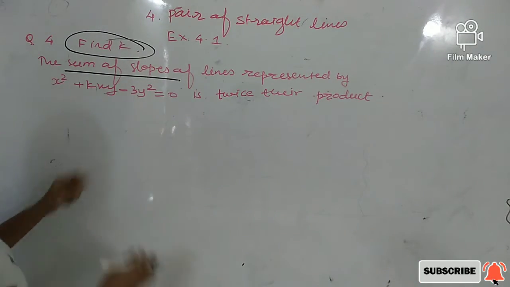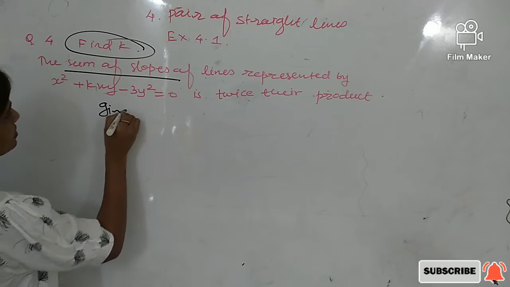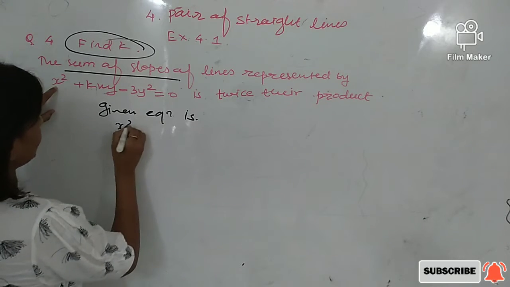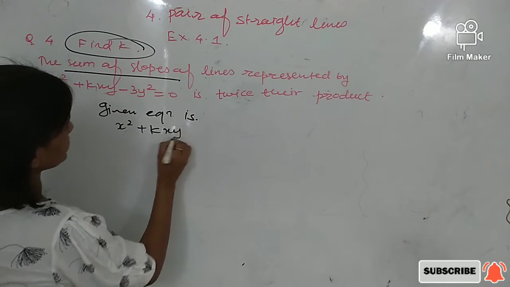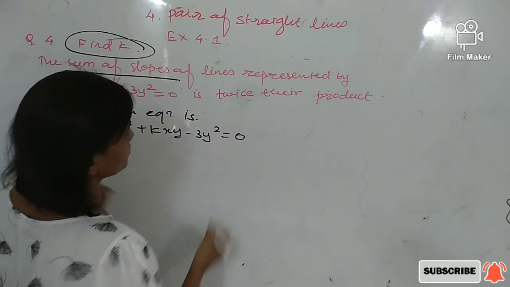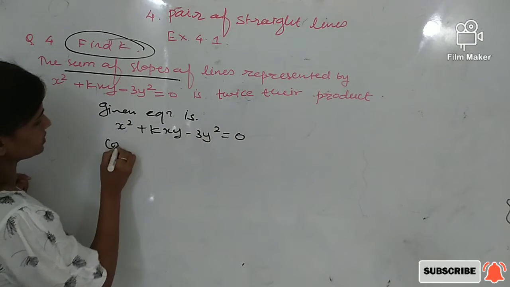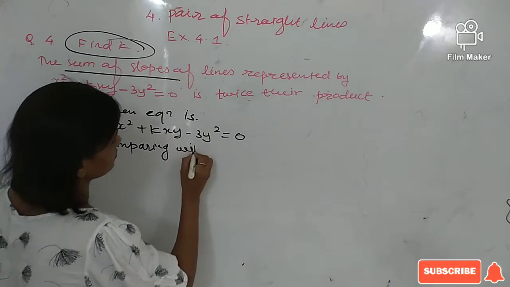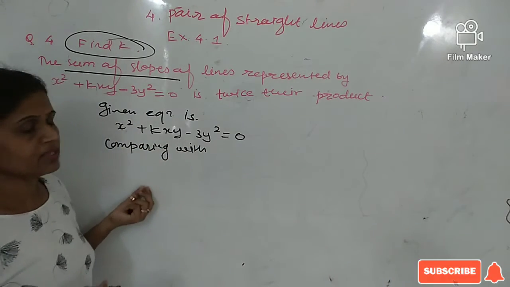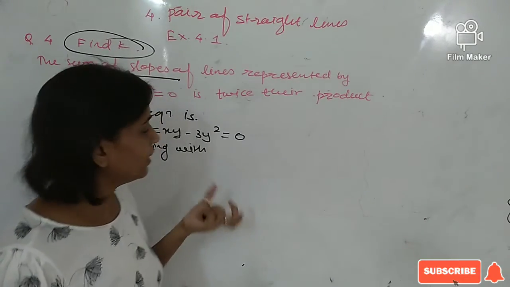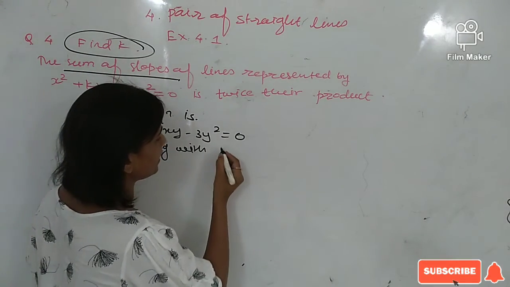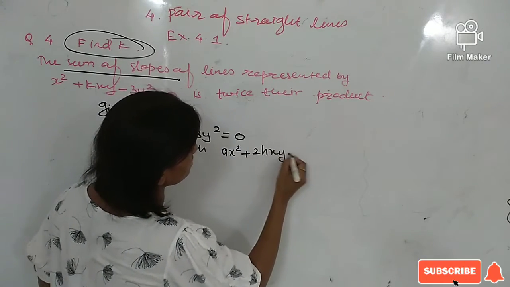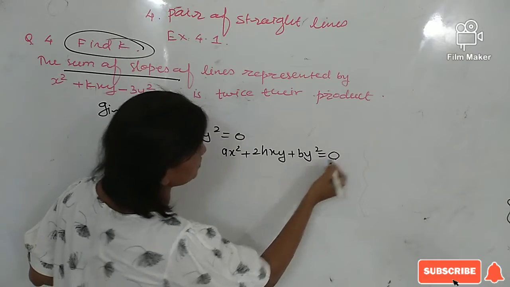Starting from the given equation, x square plus kxy minus 3y square is equal to 0, compare with the standard joint equation of pair of lines, ax square plus 2hxy plus by square equal to 0.